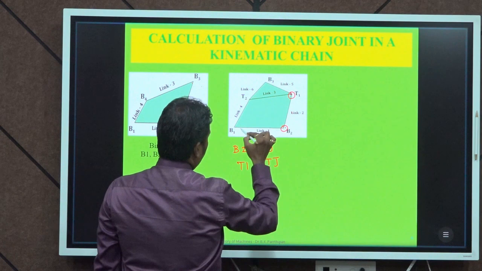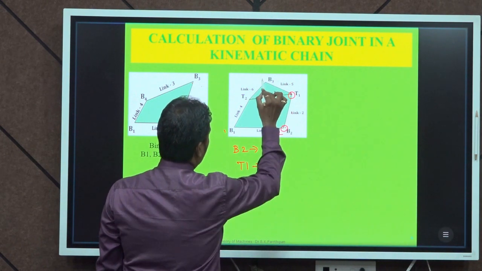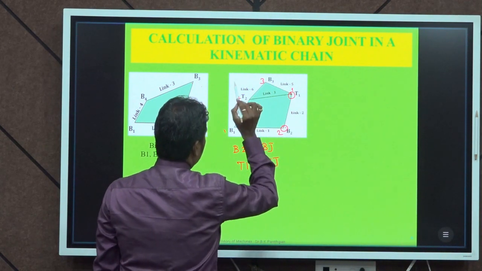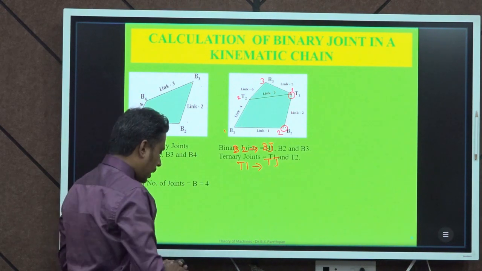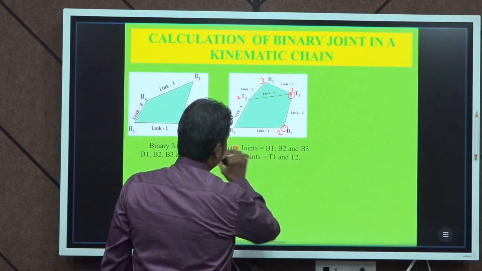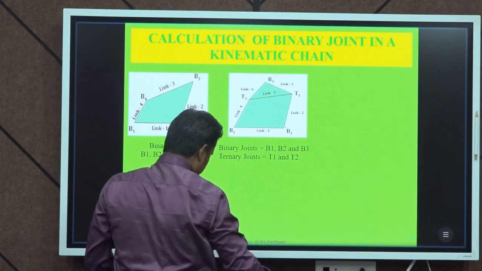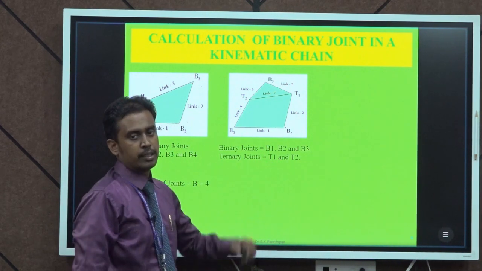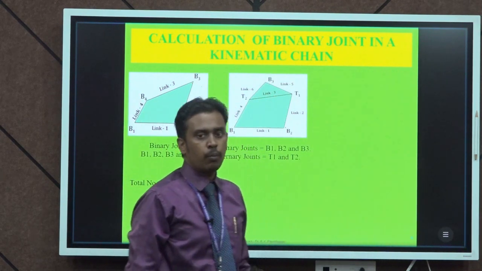Similarly, in this arrangement we are having 1 binary joint, 2 binary joint and 3 binary joint and 1 ternary joint and 2 ternary joint. So, on the analysis of this arrangement, we came to know that we are having 3 binary joints and 2 ternary joints. However, we are supposed to find out the total number of binary joints.